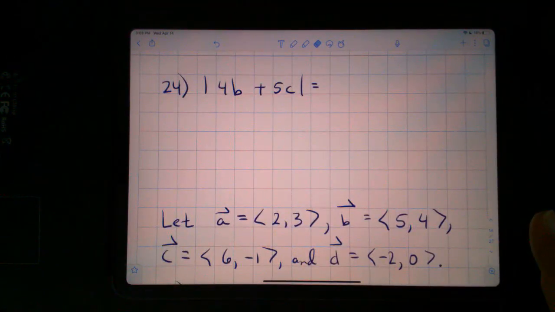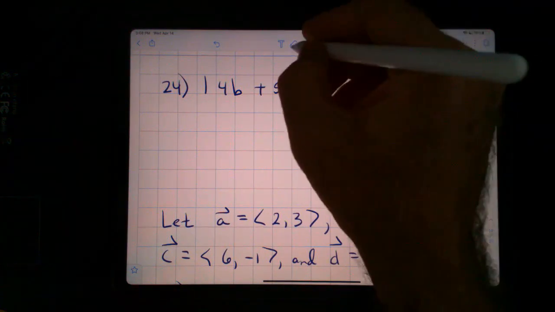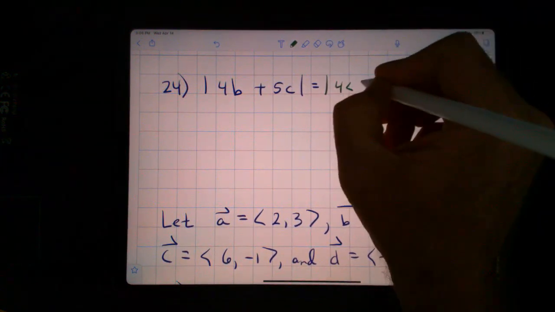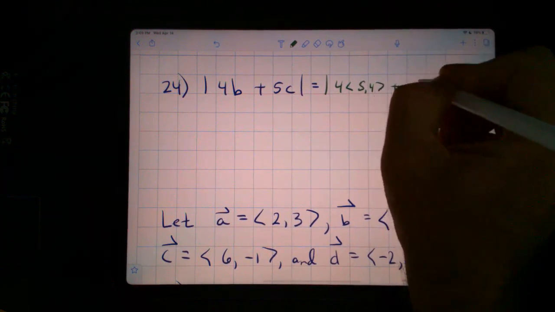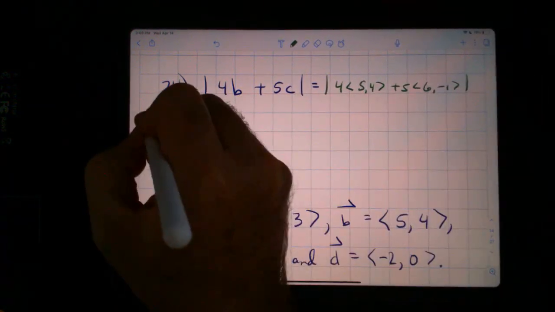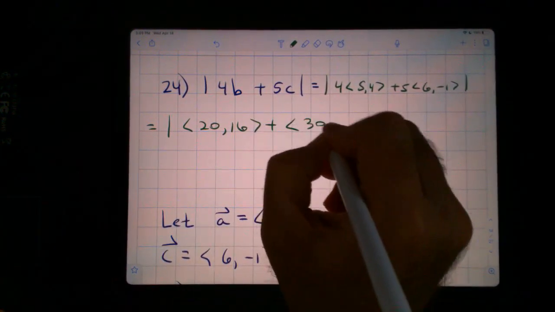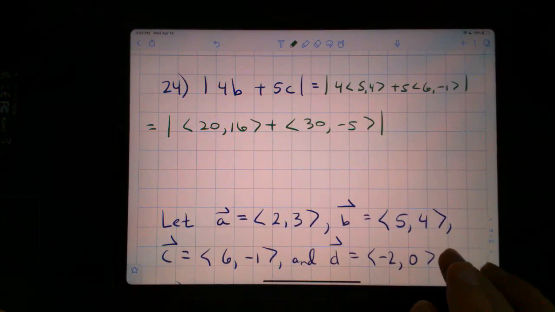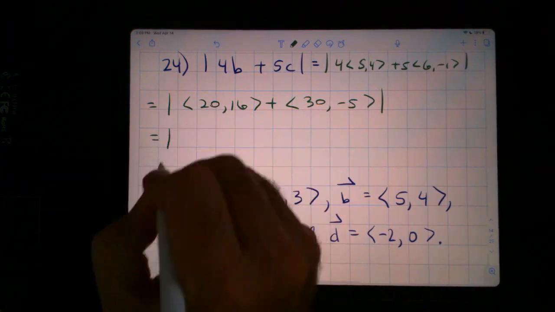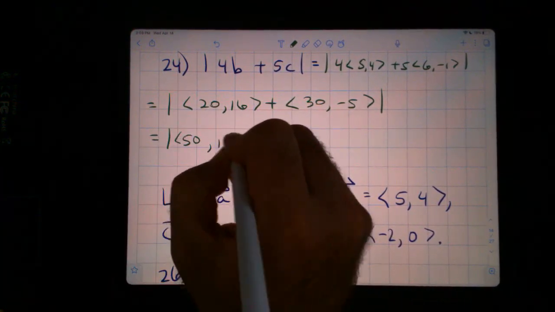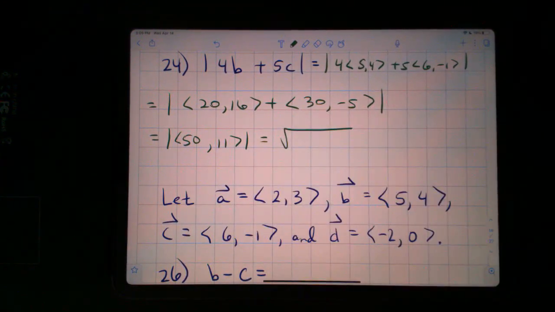Okay, this is the magnitude of 4b plus 5c. Interesting number.